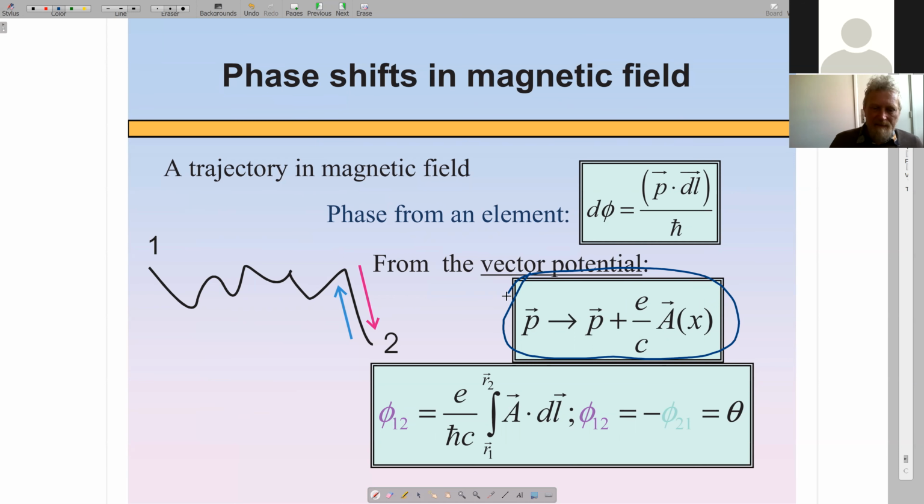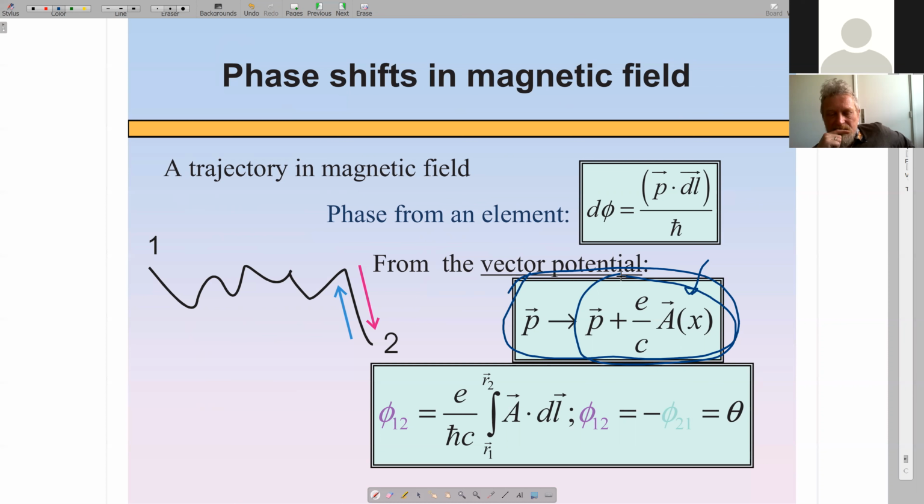So if one changes the magnetic field, the momentum gets an extra term, which is nothing but the vector potential due to this magnetic field. I put it in the CGS system.